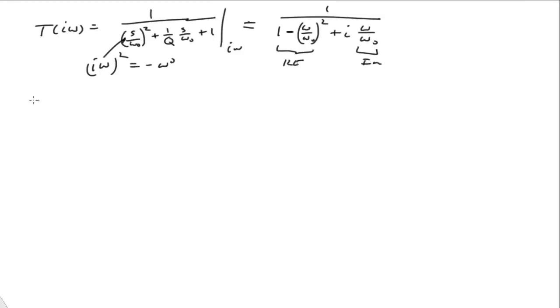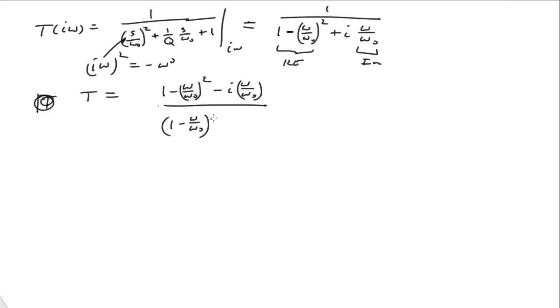Okay, so just like before, I want to simplify this, and it becomes 1 minus omega over omega naught, quantity squared, minus i omega over omega naught, all over 1 minus omega over omega naught, all quantity squared, plus omega over omega naught, quantity squared. Oh, I forgot a quantity squared there. There we go.